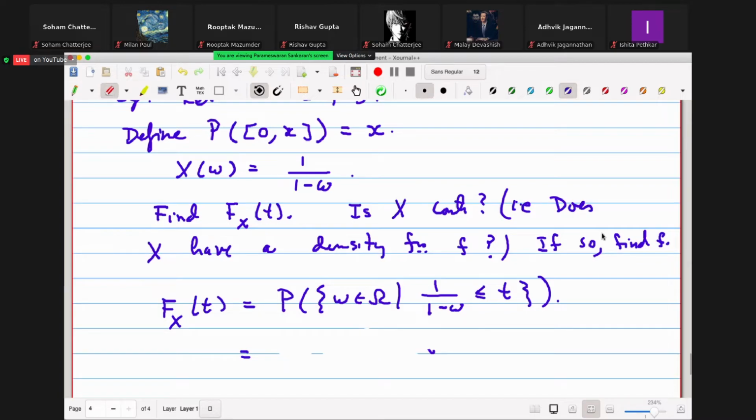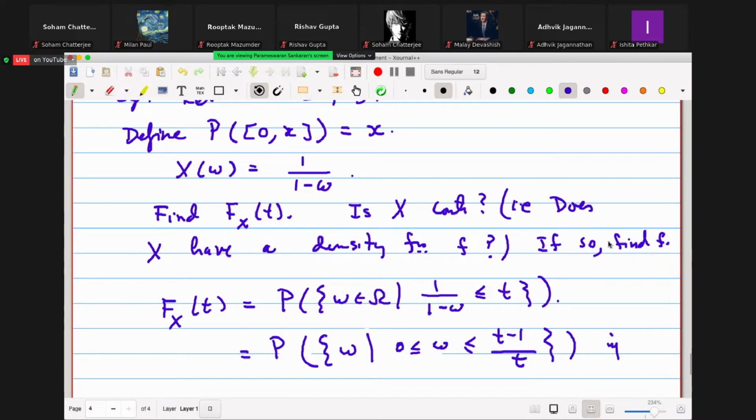The probability of omega such that 0 is less than or equal to omega less than or equal to t minus 1 by t, if t is bigger than or equal to minus 1.